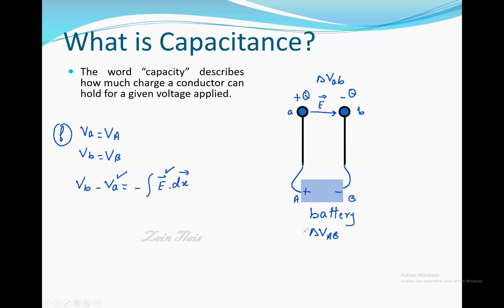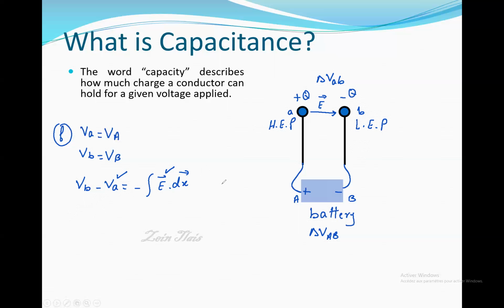Okay, now you know the positive side of the conducting objects is at high electric potential, and the right one, the negative side, has low electric potential. So VB minus VA must be negative because you have the low potential minus the high potential.